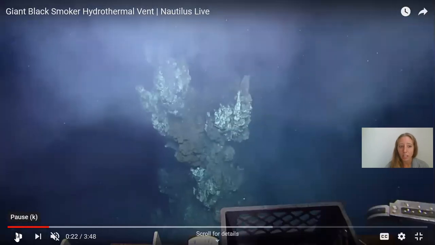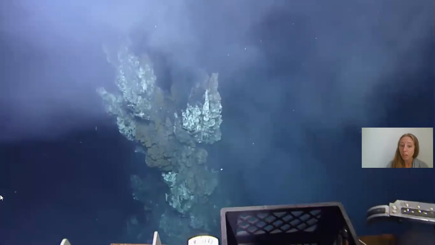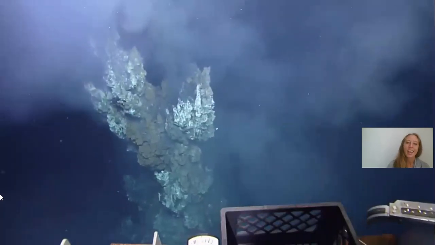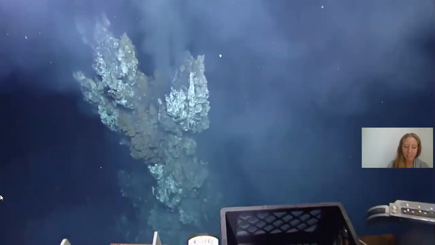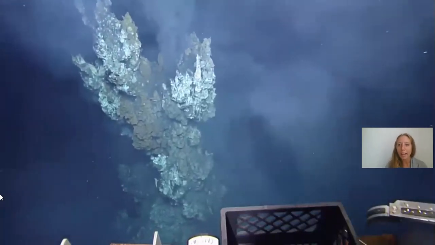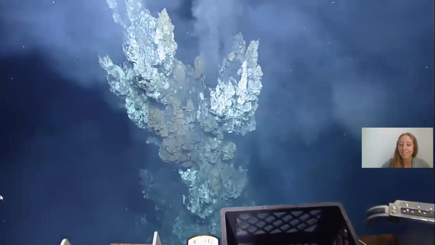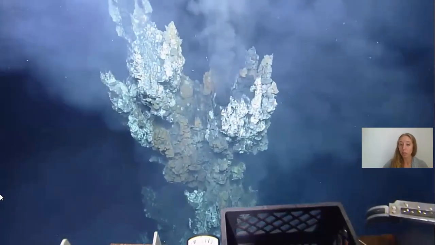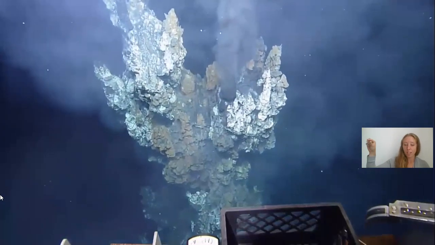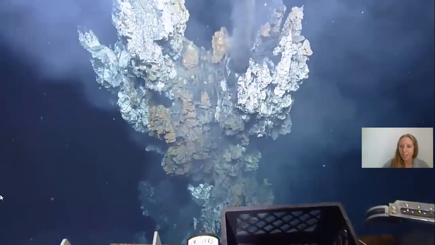So let me show you a little clip of some scientists that have taken a submersible device. They're actually down there and they're observing some of these hydrothermal vents. What we're looking at right now is called a black smoker. As you can see, it's releasing hot gases from the center of the earth. Remember the layers of the earth? We have the crust, and then below that we have an area with magma and lava, right?